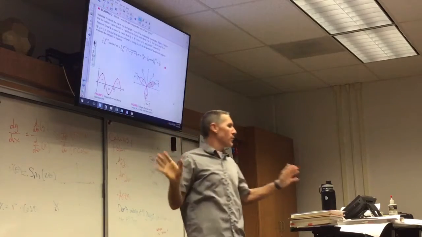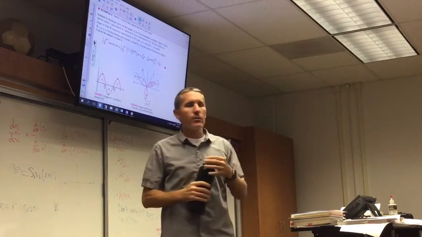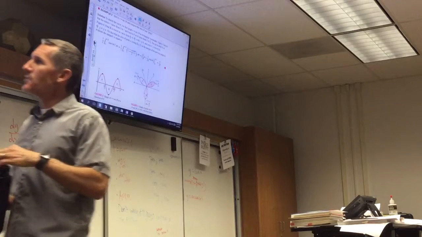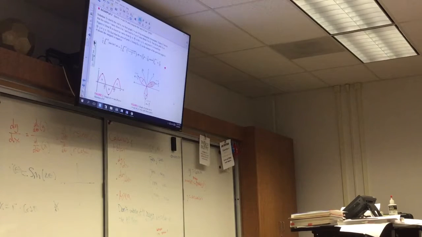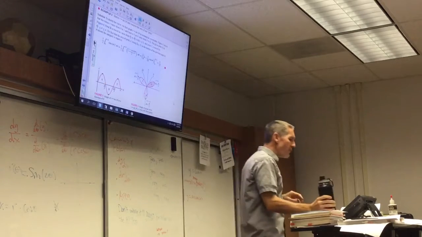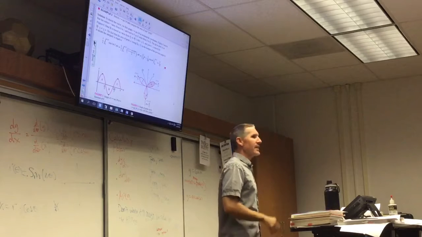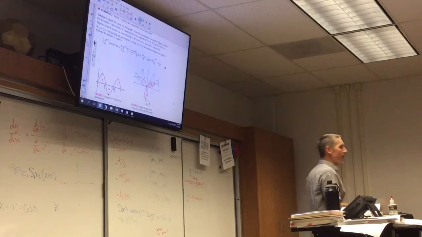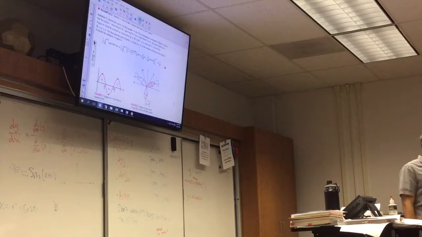So let's just walk through this example number 2. They say, sketch r equals sine of 3 theta and compute the area of one petal. So find the area within one petal. The tough part here is they do not give you the theta values. You have to determine the theta values.